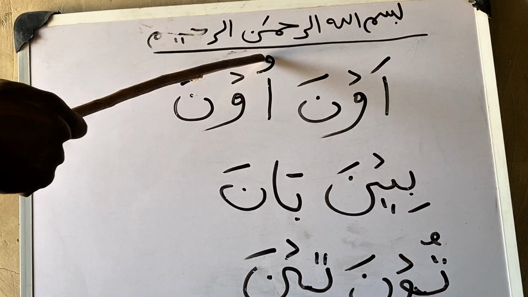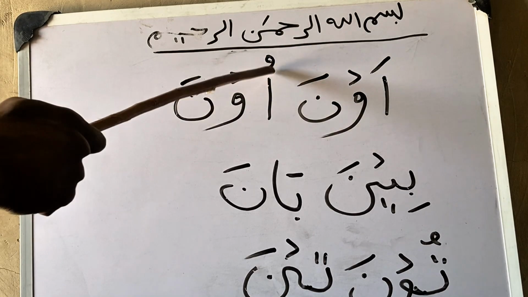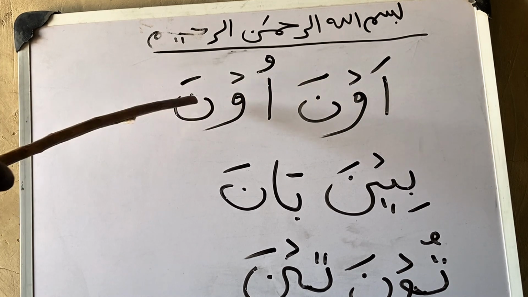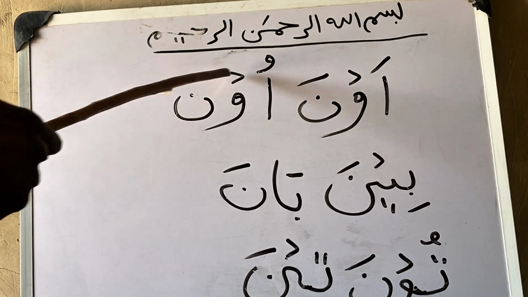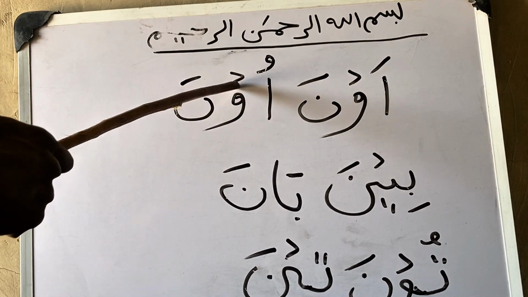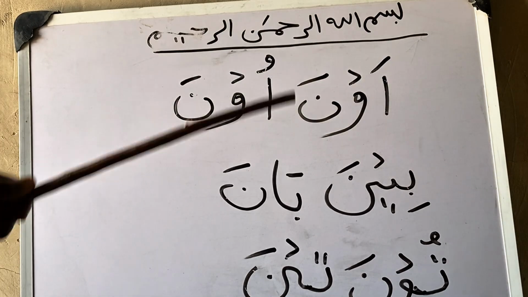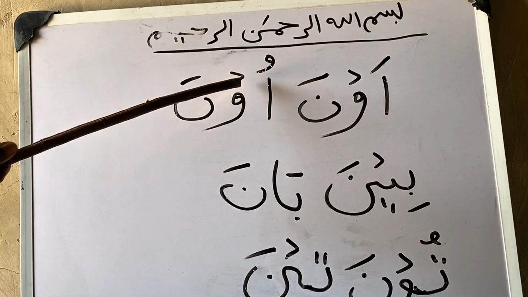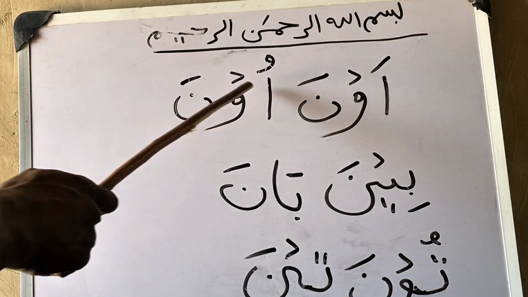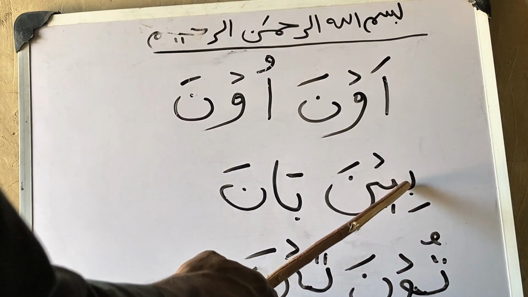Alifun Dhamma U, Wa'un Sukun, Nunun Fatha Na. Yes, this is what we call Dhamma. This is Sukun. This is Fatha again. You see, Na. Now, the next one, Ba'un Kasra Bi.